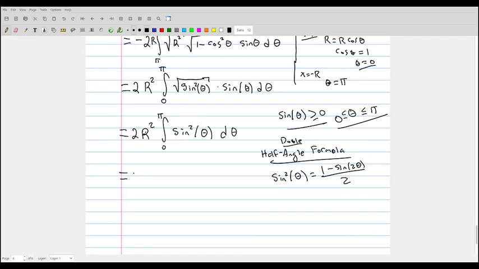So this integral becomes 2 r squared times the integral from 0 to pi of 1 minus cosine of 2 theta over 2. 2 times 1/2 is just 1. This is r squared times the integral from 0 to pi of 1 minus cosine of 2 theta.